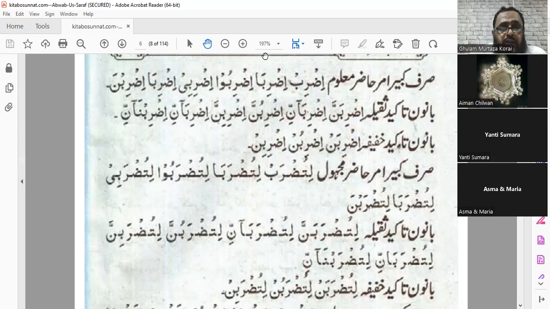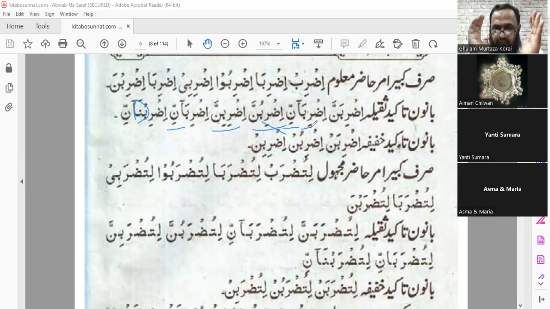While taking it, the Noon of Muthanna is dropped, but the Noon of Jama is there. Only three sigas take Noon Khafifa: Izribun in the case of Jama Muzakkar Hadir, and Izribin for Wahid Mu'annas. Muthanna Mu'annas, Jama Mu'annas and Muthanna Muzakkar do not take Noon Khafifa. The reasons I will definitely let you know.